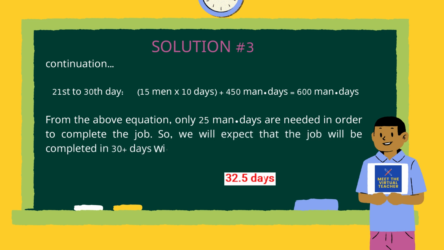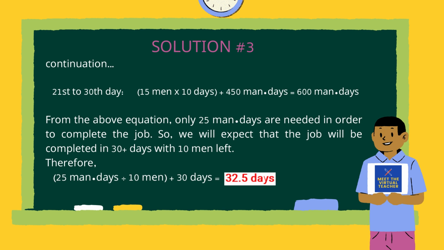Therefore, 25 man days divided by 10 men plus 30 days is equal to 32.5 days. Therefore, the job will be completed in 32.5 days after 5 men left every 10th day.